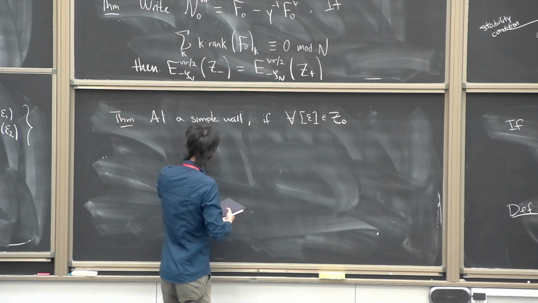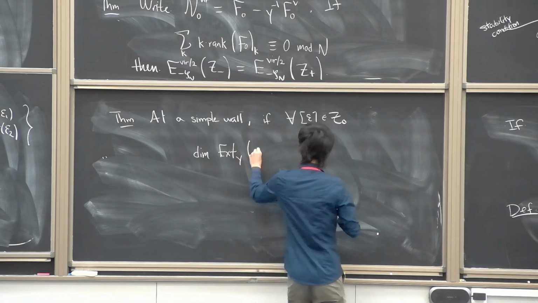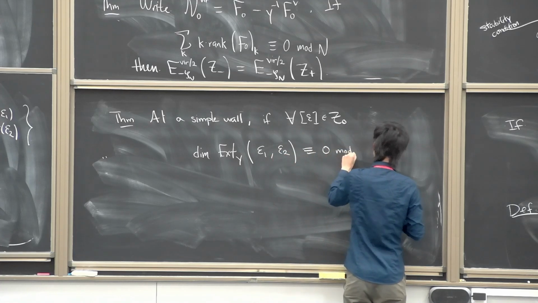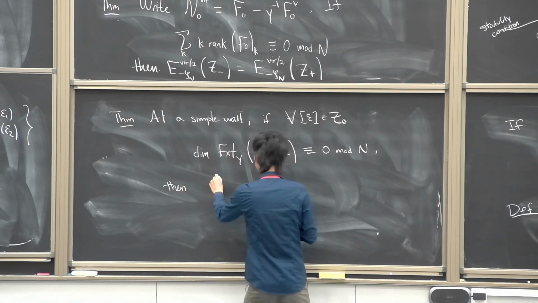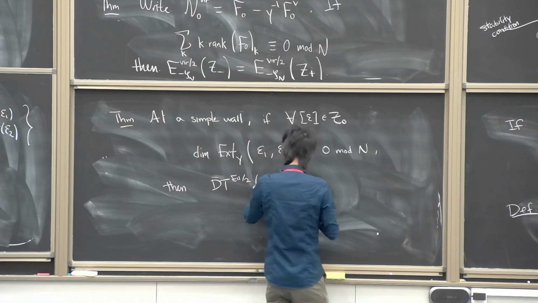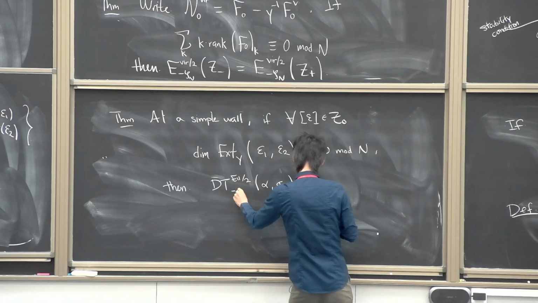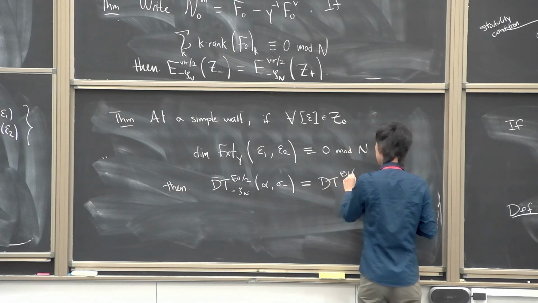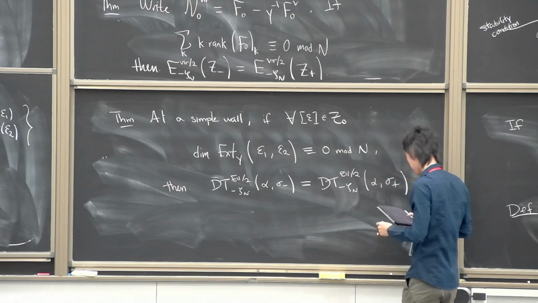If the dimension of Ext_Y of E1, E2 is congruent to 0 mod n, then you have some kind of invariance. The elliptic DT invariant on one side of the wall, for the stability condition sigma minus, specialized to some nth root of unity, is going to be equal to the elliptic DT invariant on the other side of the wall, again specialized to some nth root of unity.